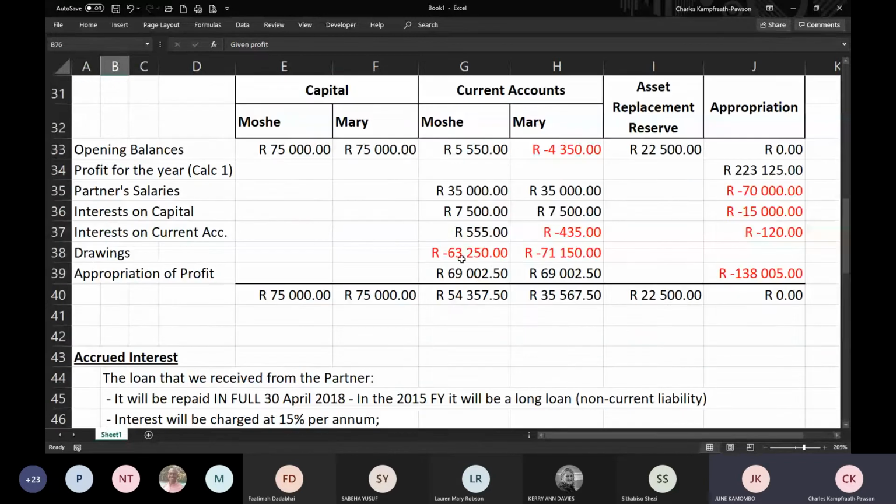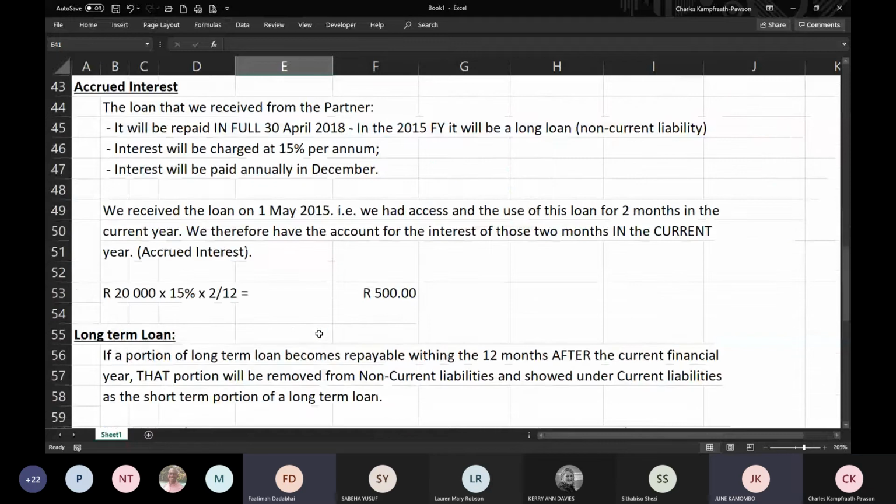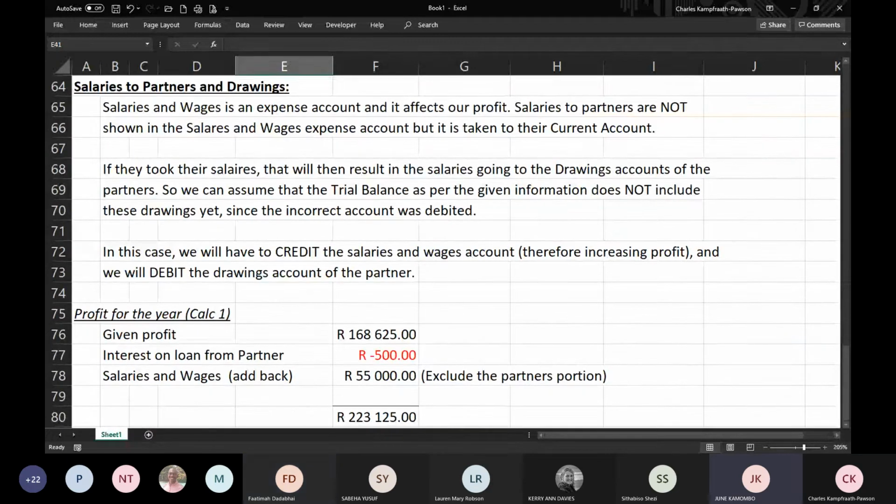And that's why here we added the 27,500 to each one of their accounts, because it's their drawings account. Okay, everybody happy with that? Can you just go back to the written explanation quickly, please? Thank you.